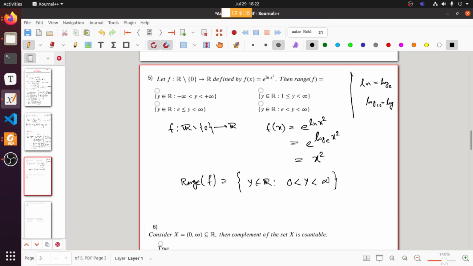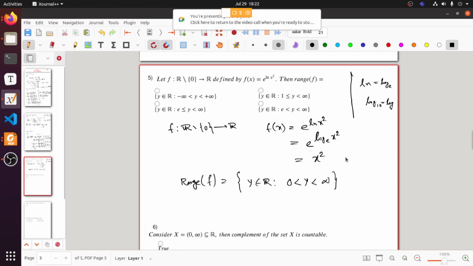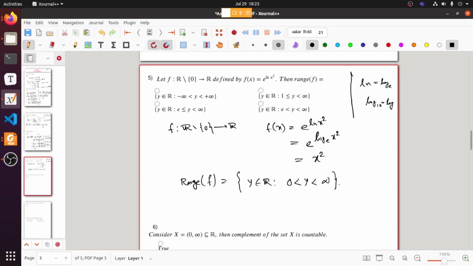Someone can say that 0 is no problem, but we have defined it in terms of logarithm, and log is not defined at 0, so you cannot take y to be 0, and that's why it's open. If we take 0, then this quantity will not be defined, because log is undefined at 0. So the range will be between 0 and infinity.